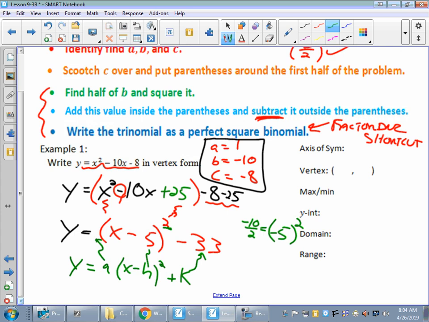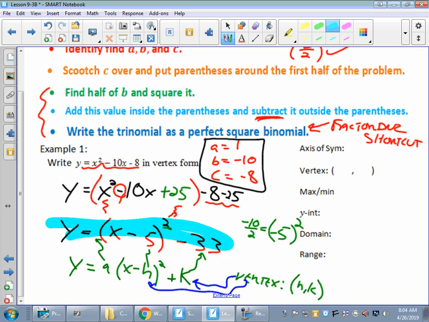All right, so let's take a look at our stuff. I'm going to start with the vertex. Remember, your vertex, now we know, is always going to be h comma k. So I've got a k value and I've got an h value. This is my new vertex form of this equation.